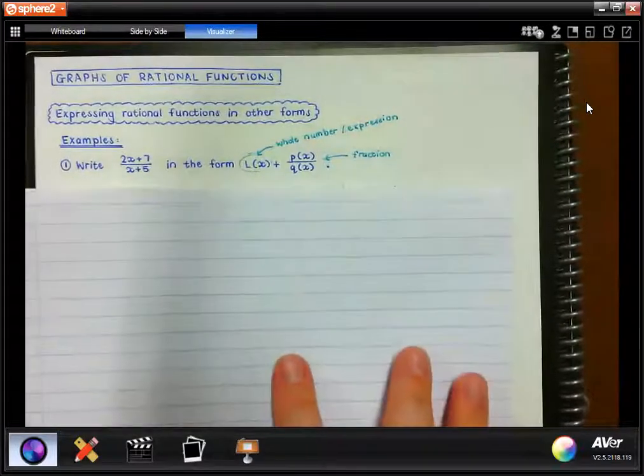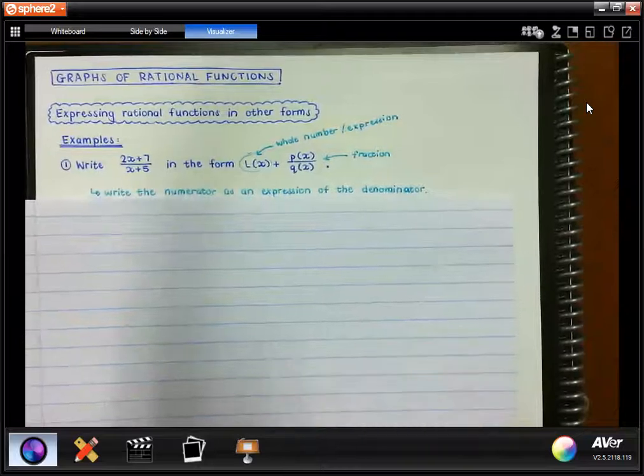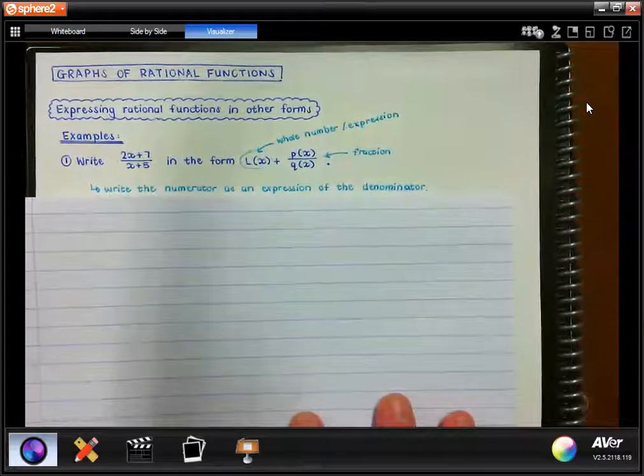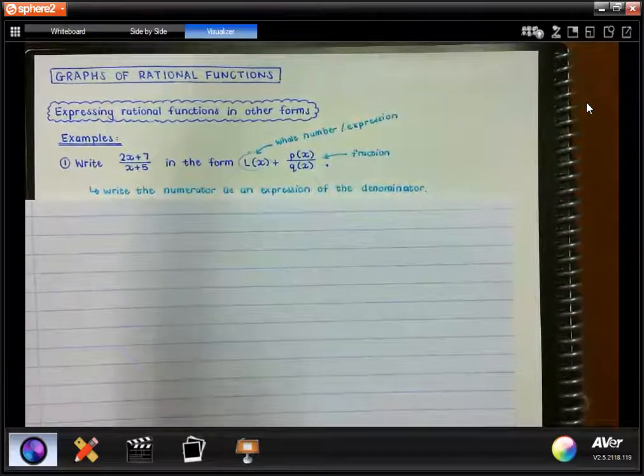Okay, so what we're going to do for this example, just write that in there. We're actually going to try and write the numerator as an expression of the denominator, which might not make sense now, but hopefully when I show you how to do that, it will.